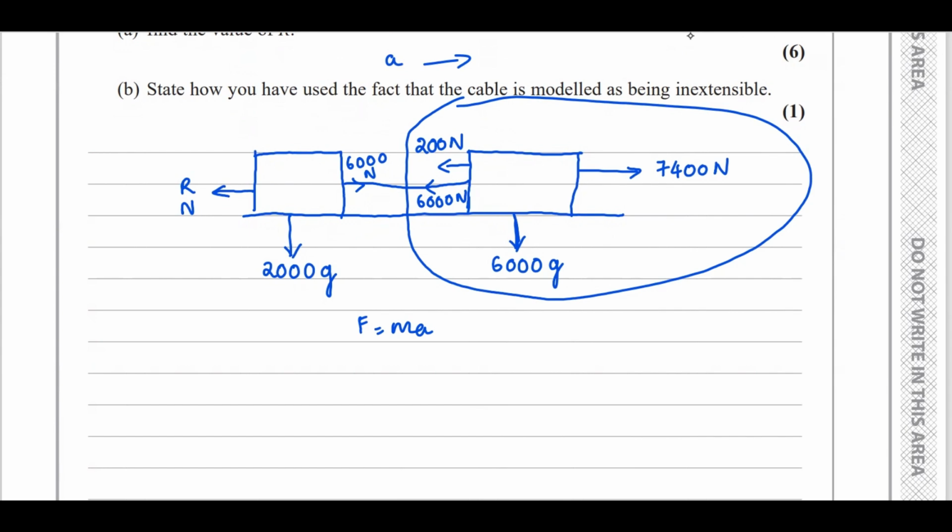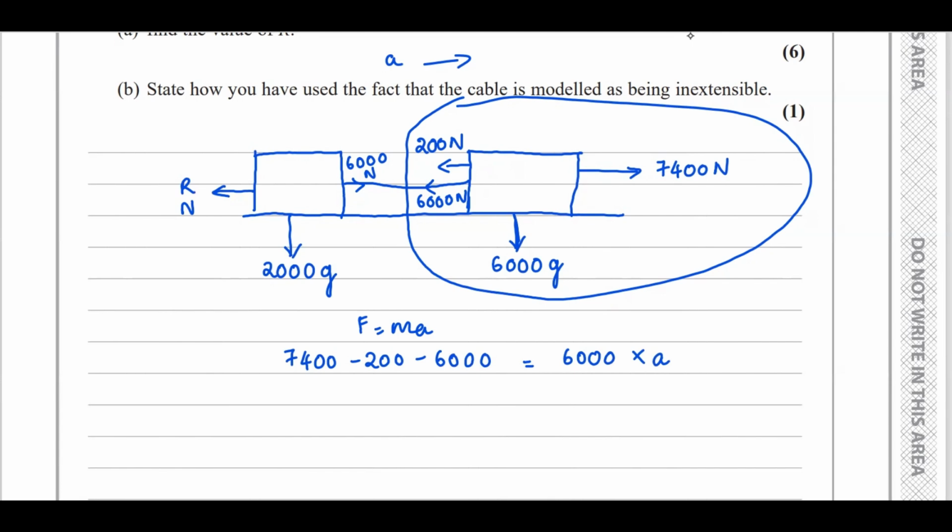So the force will be 7,400 Newton, which is acting towards left. 200 Newton is the resistance acting towards left, and 6,000 Newton, that is the tension, which is acting towards left. So 7,400 minus 200 minus 6,000 is the force, and mass of this tractor is 6,000, and acceleration is what we need to first find out.